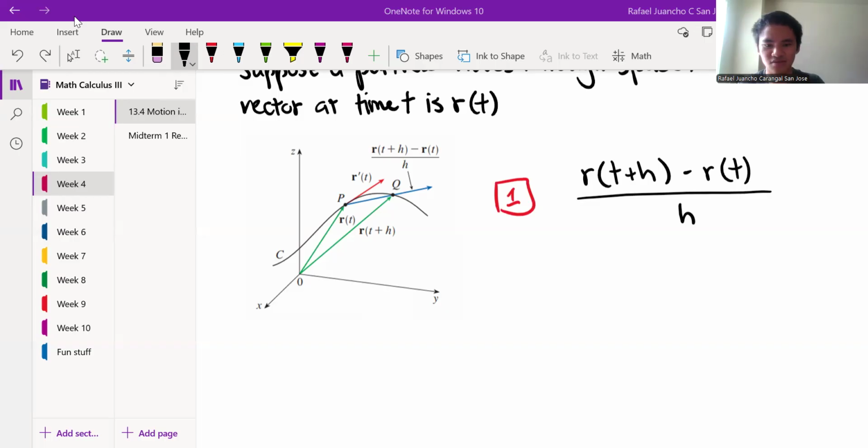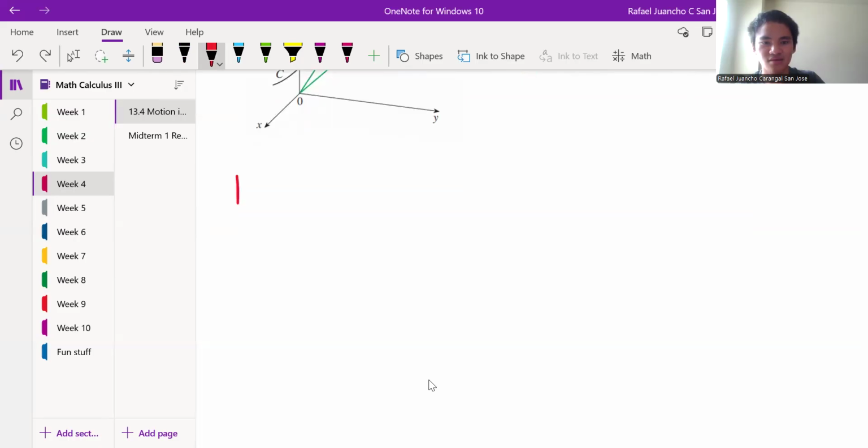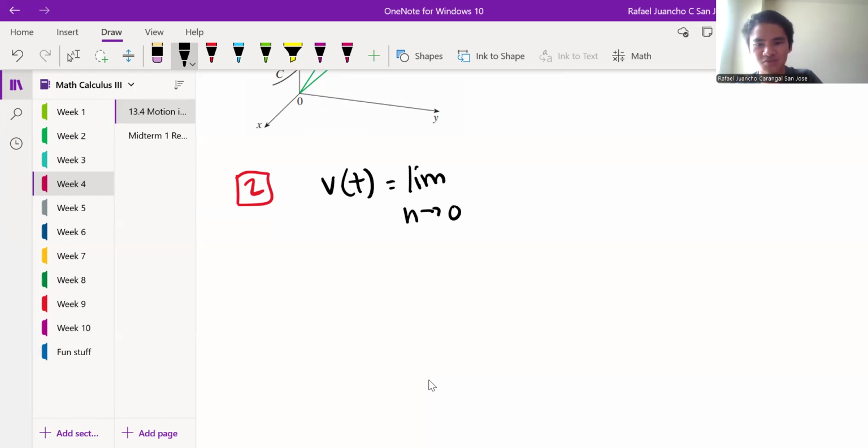So let me just say a few words about this. Another definition that we want to look at is that the velocity vector is the limit as h approaches 0 of this thing here.